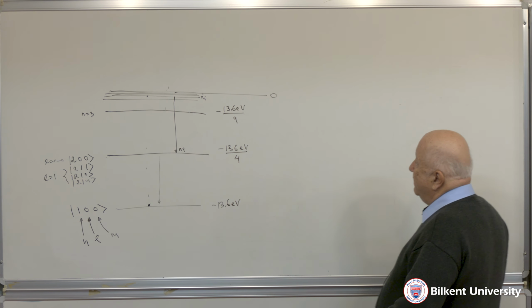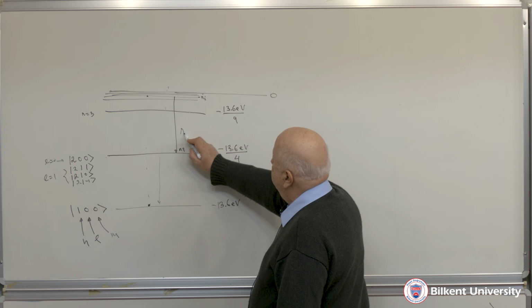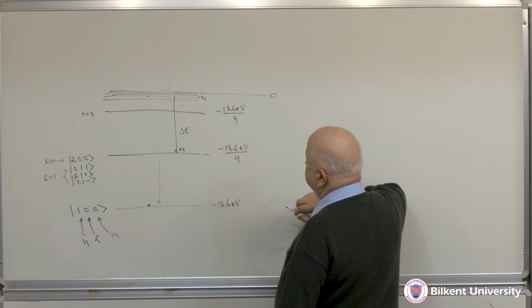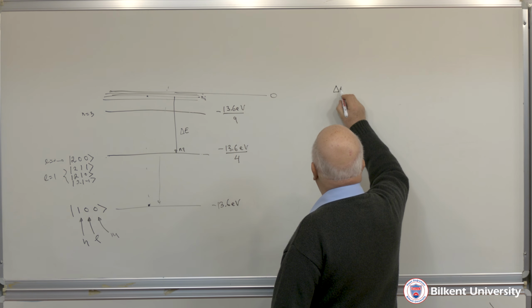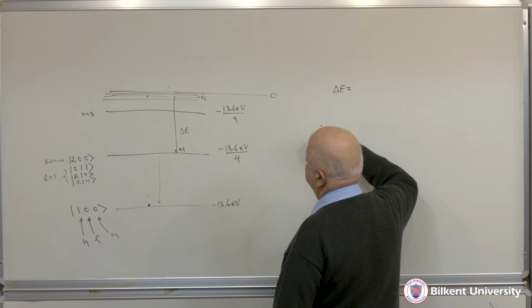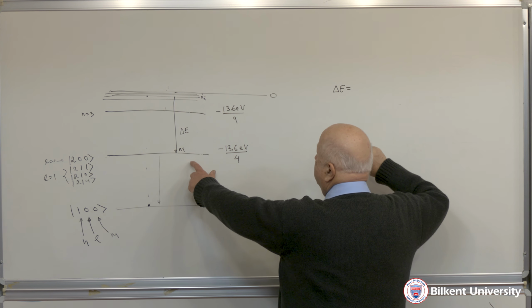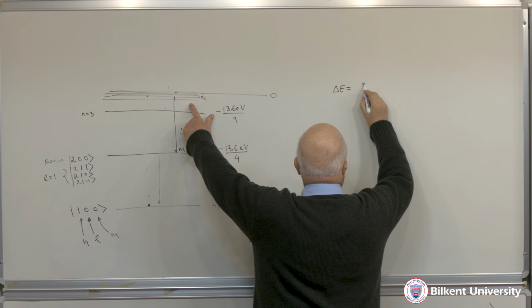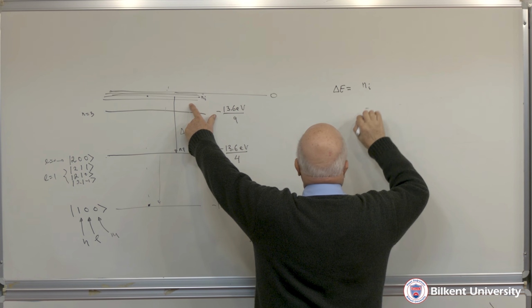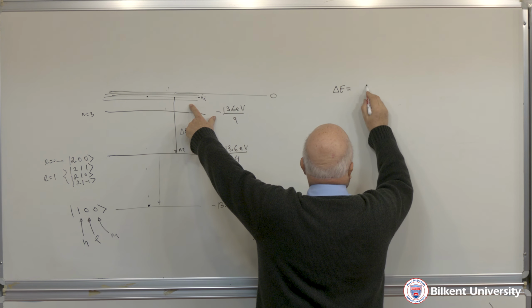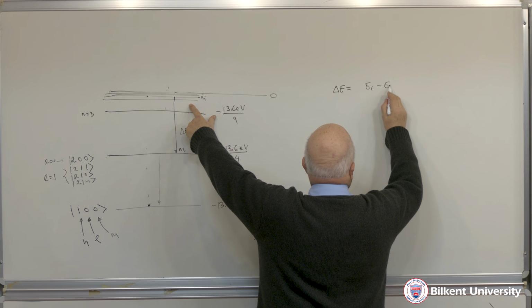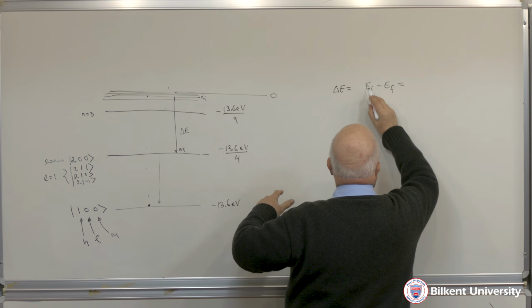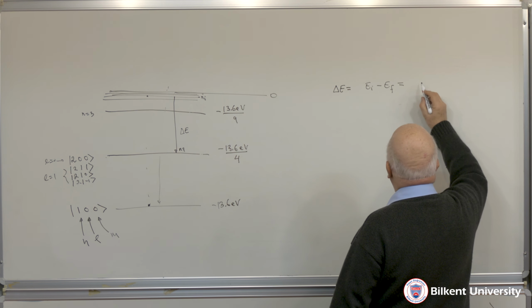So what is the energy difference when you do something like this? Delta E is going to be equal to the initial energy, let's call it E_i, minus E_f.